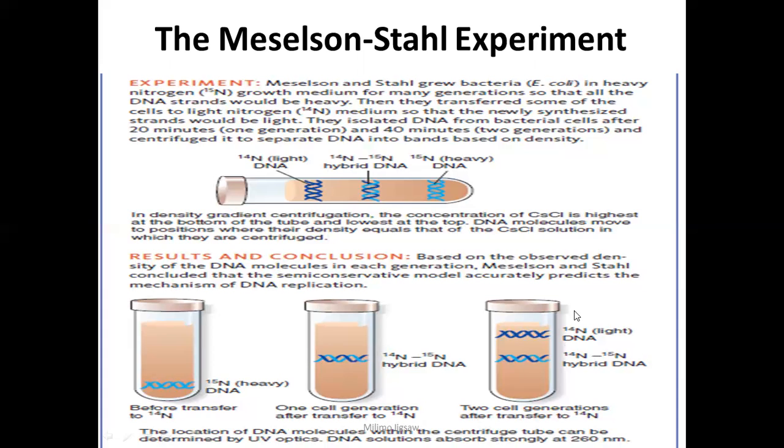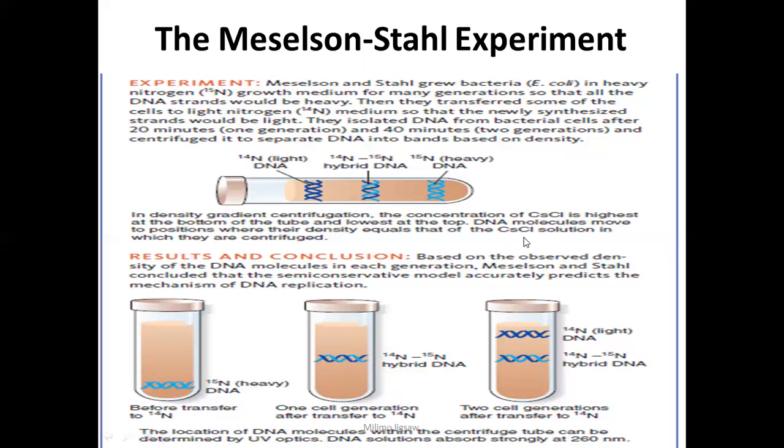The other thing that you need to note is that they used density gradient centrifugation. The DNA was mixed with a solution that contained cesium chloride, CsCl solution, and then they centrifuged at high speed.